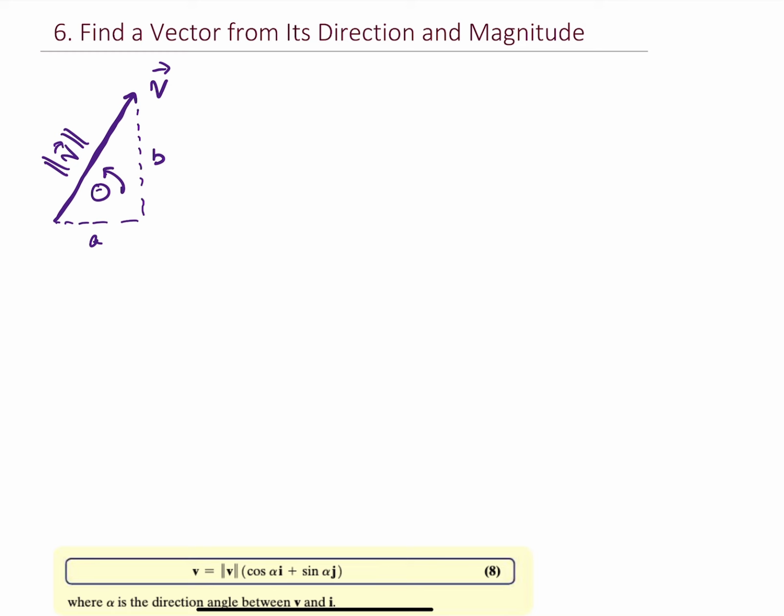Well, we can use the sine and cosine to create expressions for a and b that just involve the angle and the magnitude. We can say the cosine of our angle is the adjacent side over the hypotenuse, so a over the magnitude of v.